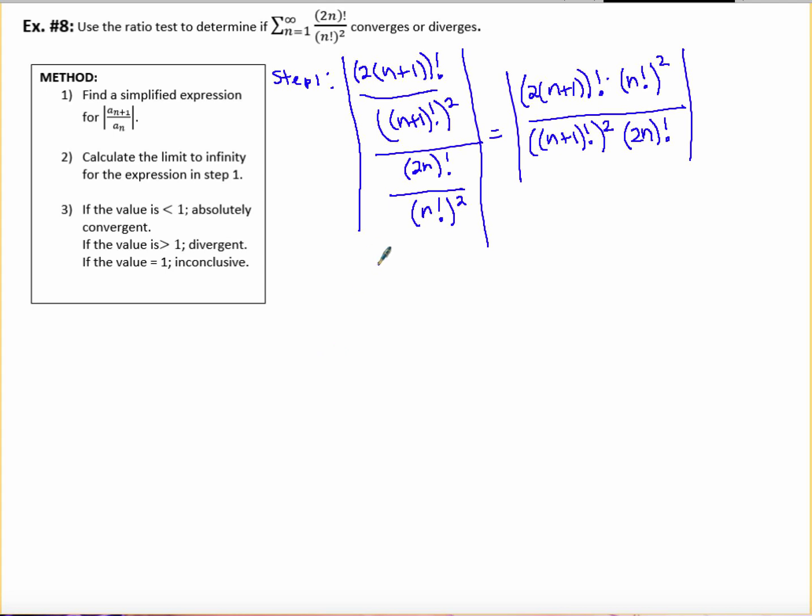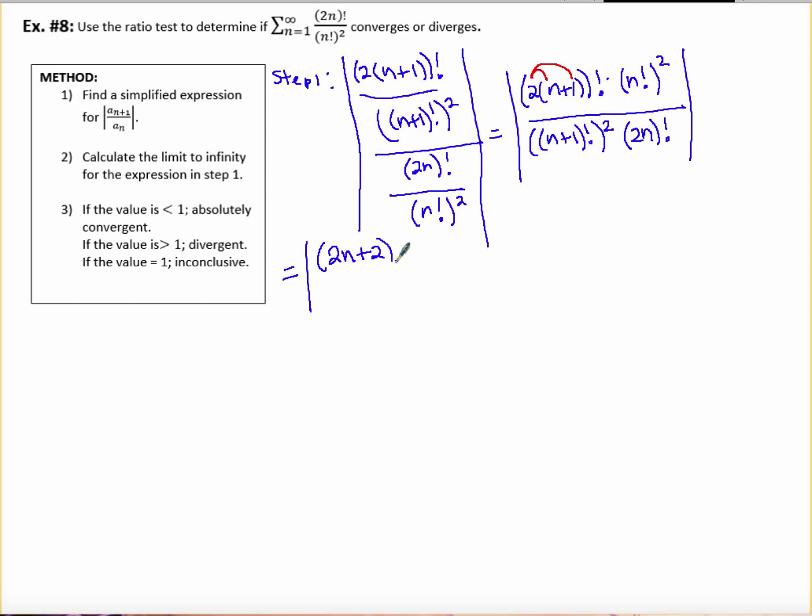So let's go ahead and do that. I'm going to do the distributive property. You know how I feel about that. So I'm going to distribute that guy so that then I can expand the factorial. And I'm going to write this guy twice. Let's see how that works. So I have 2n plus 2. Now I could do the factorial here, or I can expand it out.